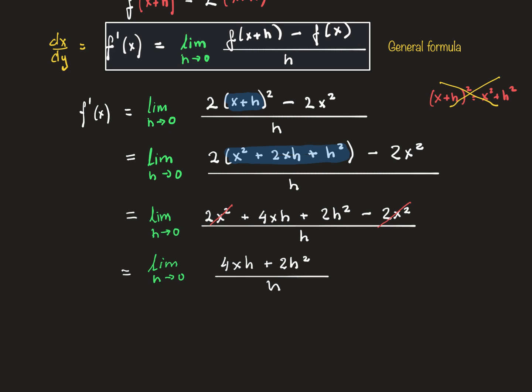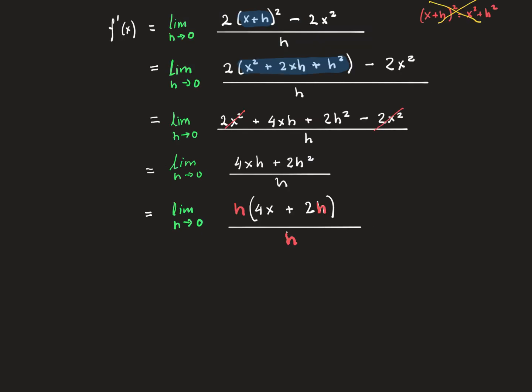Now as h goes to 0, the reason we have been rearranging this is so that we do not have 0 in the denominator. We must get rid of that h. So one of the ways we can get rid of that h is by taking the h out. This allows me to cancel the two h's, the one in the numerator and the one in the denominator.